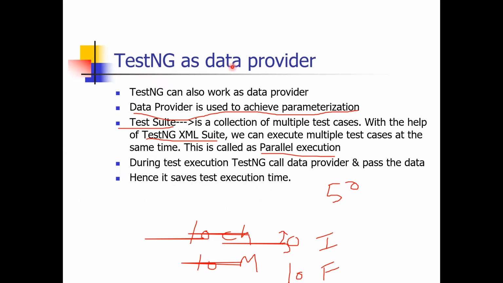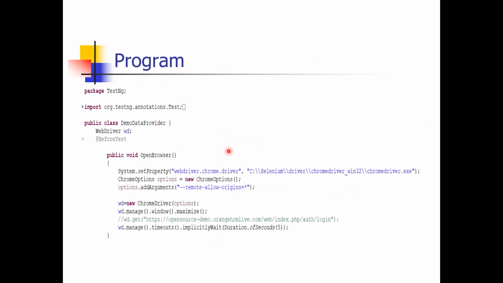TestNG can work as a data provider, and the main advantage of TestNG is that parallel execution is possible here. How? We will see that with the help of the program.